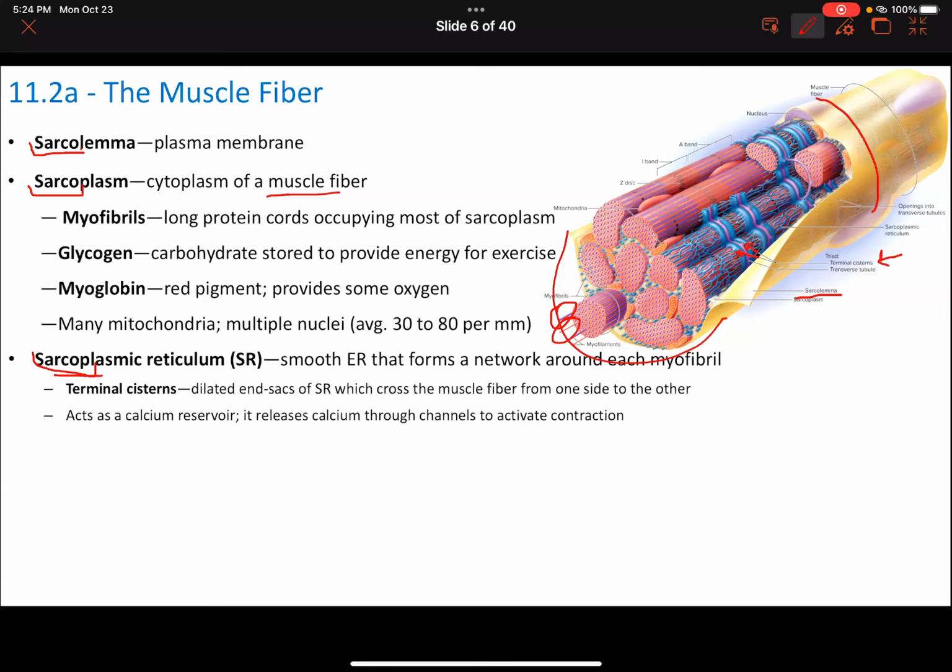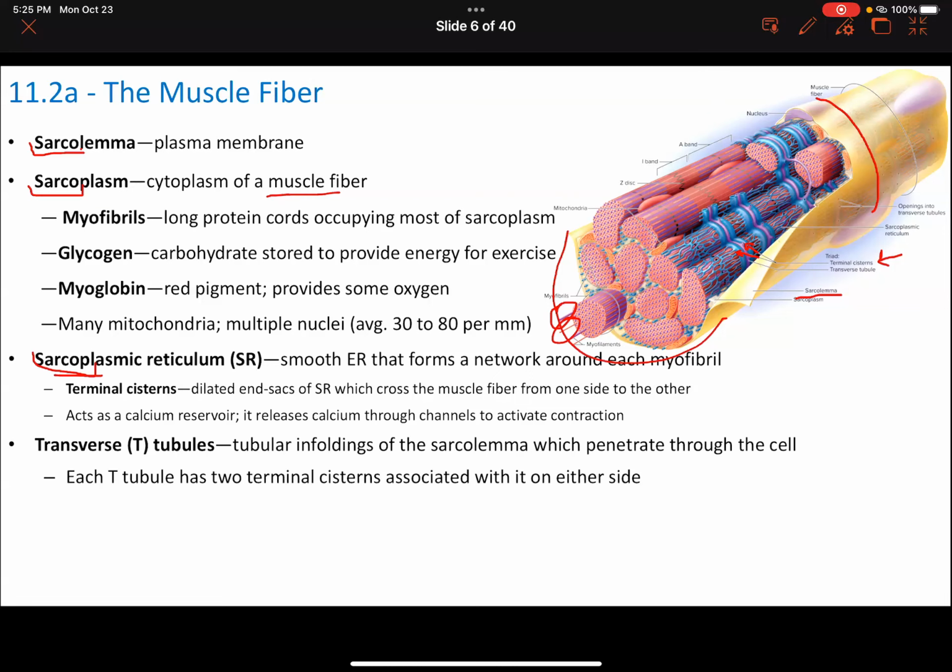This sarcoplasmic reticulum acts as a calcium reservoir, and we will see that calcium is essential in order to get muscle contractions. The sarcoplasmic reticulum holds that calcium, and it will release it to activate muscle cell contraction. Transverse tubules also exist within a muscle fiber.